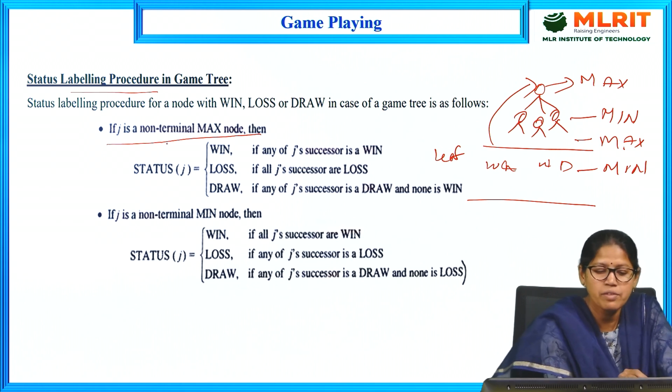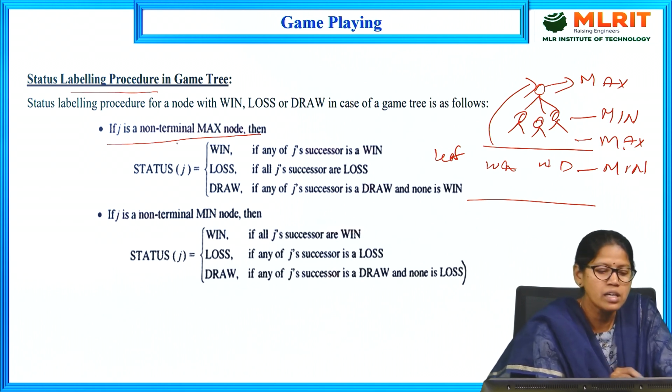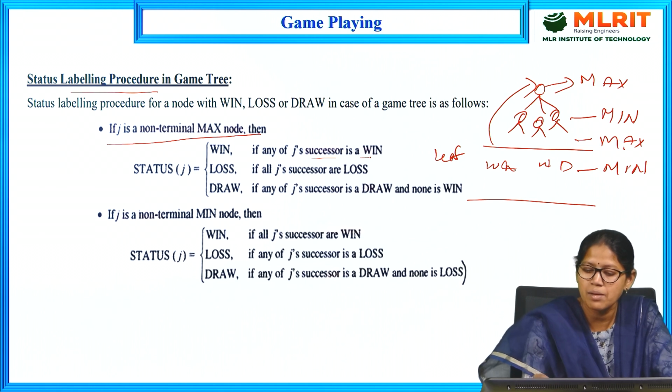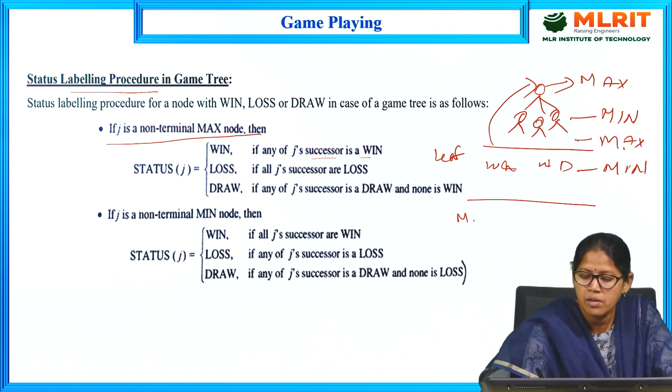So let's see the first one. When max is playing and it is a non-terminal node of max, the status labeling is: if any one of J's successors is a win. For example, this one is the max point, and here one is win, another is loss.